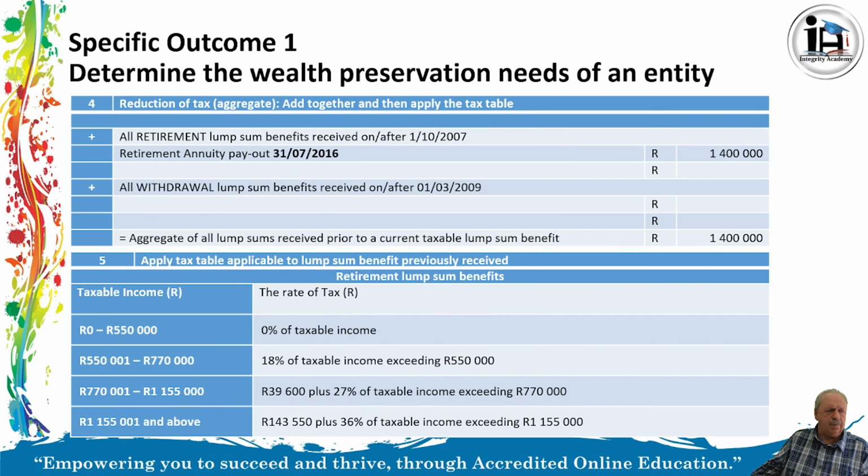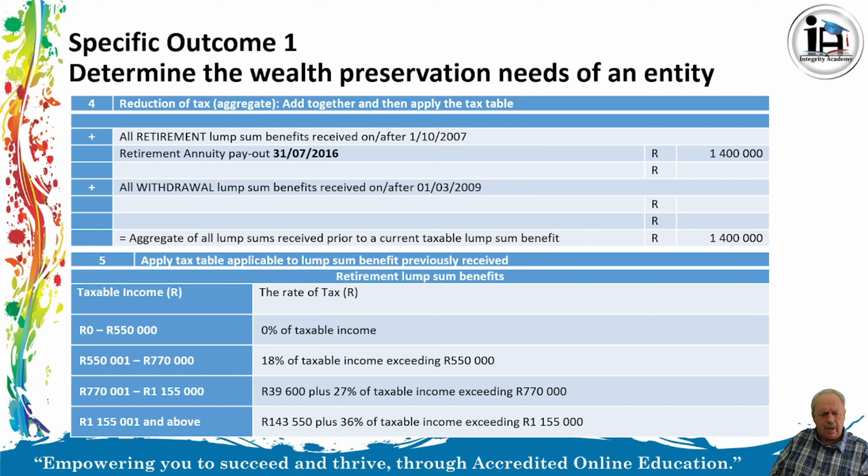That's now block 4, where we reduce his tax by the amount that he already paid in 2016. So we add the 1.4 million in there. That's the aggregate lump sum that he received in the past. Now, let's say we don't have the tax table with us for that specific year, then we're going to use this year's tax table.